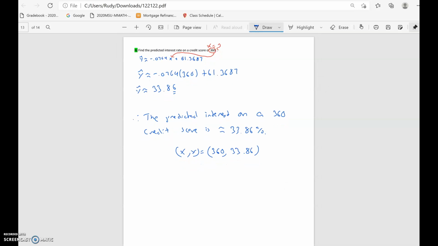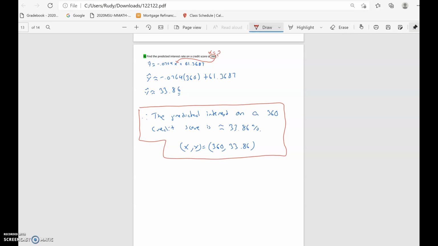That's going to be our prediction. Let me check the calculation again. That's actually it for this one.